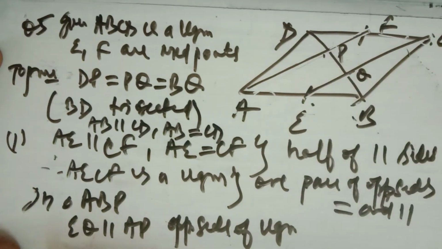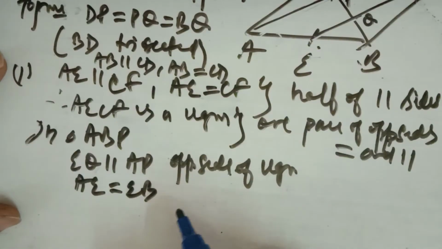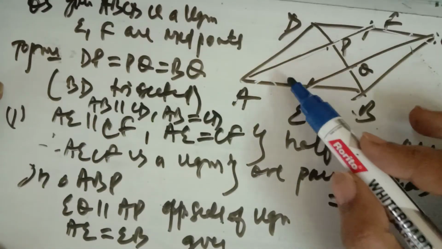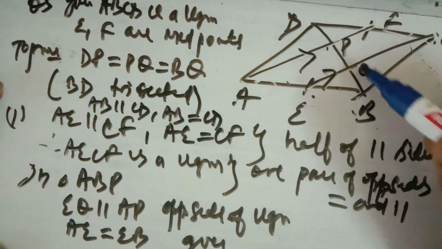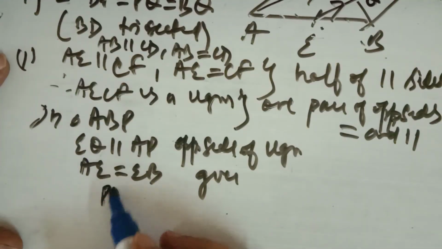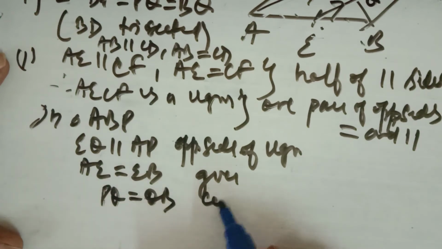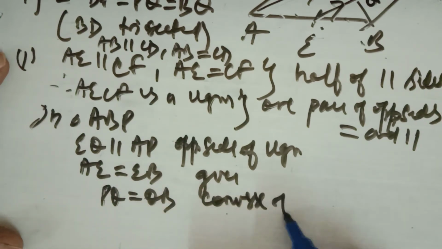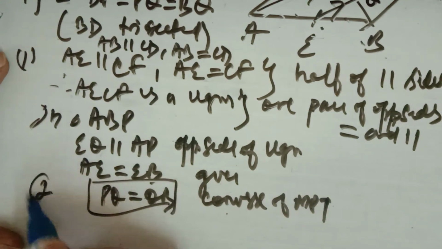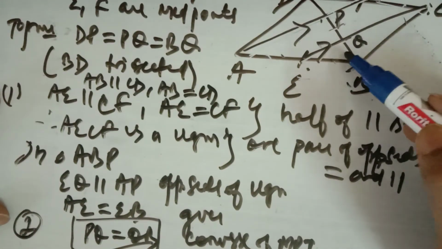AE is equal to EB, it is given, E is the midpoint. So because this is equal to this and this line is parallel to this, PQ is equal to QB, by converse of midpoint theorem. So the first part we have proved, that this is equal to this.